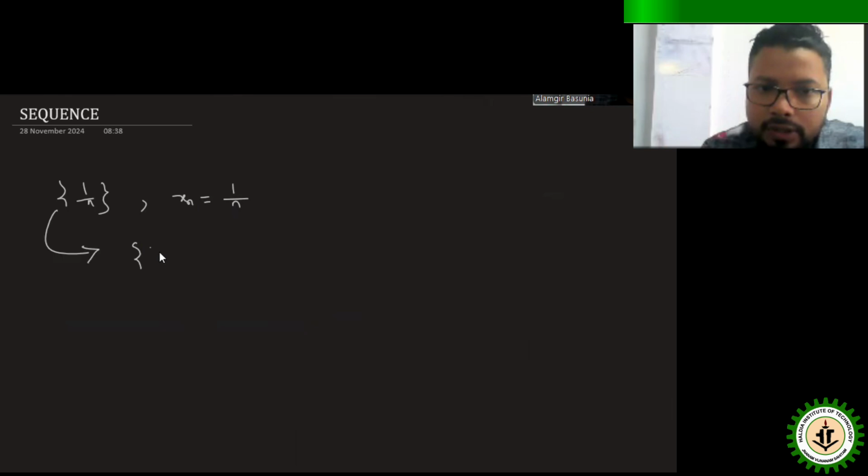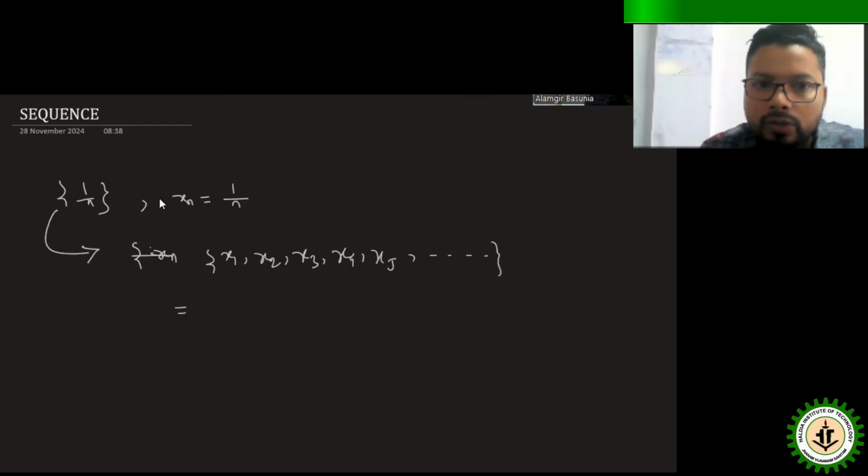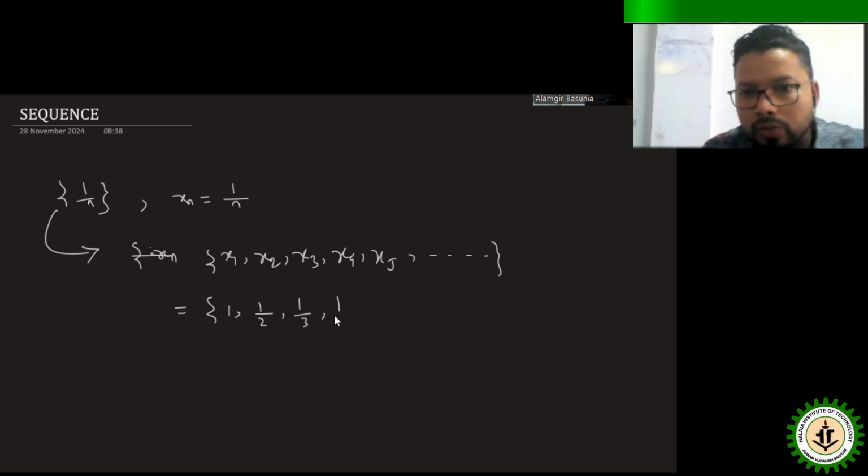What is the first term? For any sequence xn, we denote the terms by x1, x2, x3, x4, x5, and so on. For xn equal to 1 by n, the first term is 1, the second term is 1 by 2, then 1 by 3, then 1 by 4.